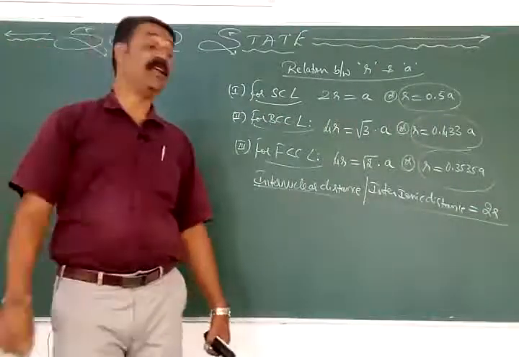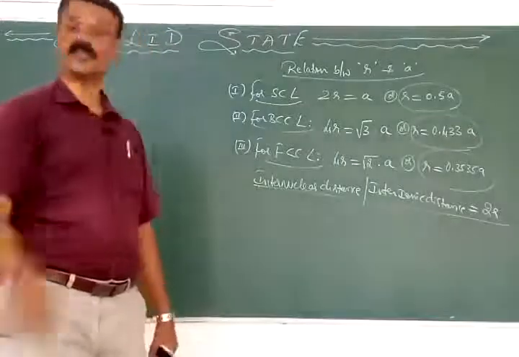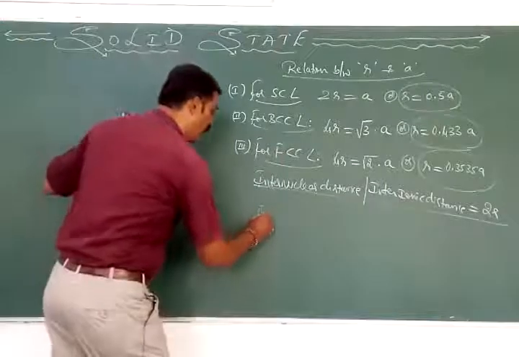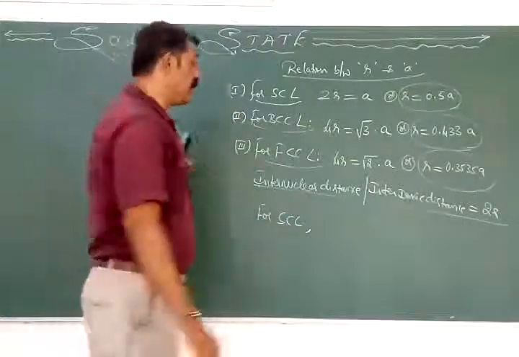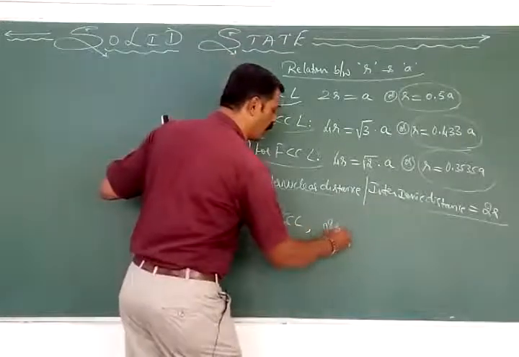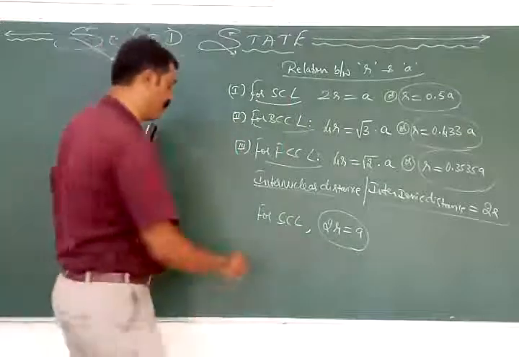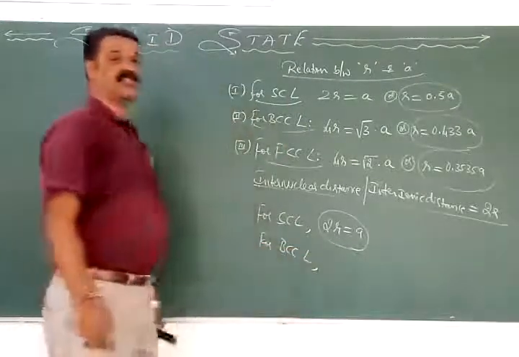Interatomic, or it may be intermolecular, or sometimes if it is an ionic crystal, inter-ionic distance, is given by 2R. For SCL, the internuclear distance 2R is directly A.